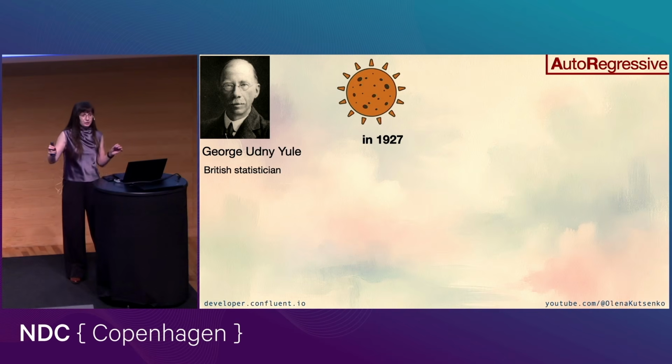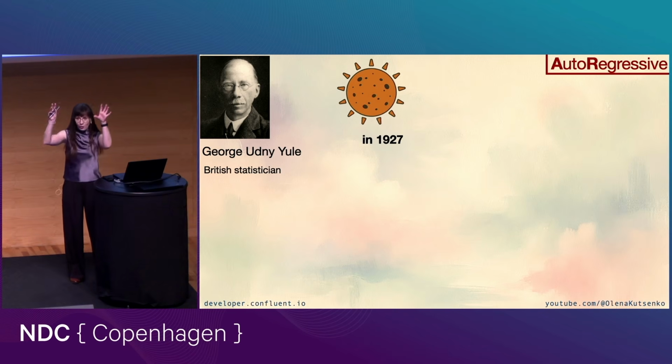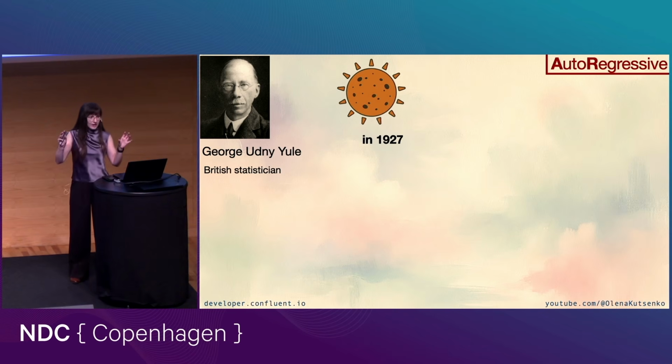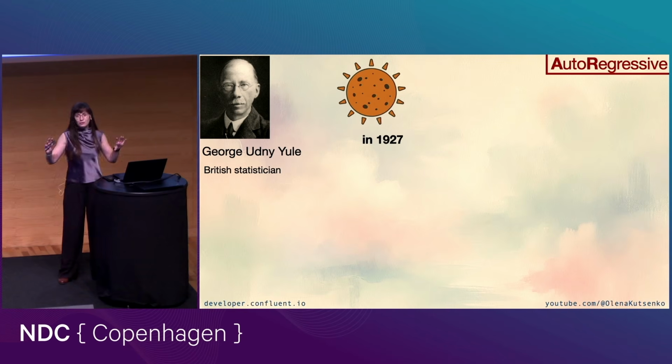The behavior puzzling a lot of scientists at that point in time was the spots on the sun. Those spots were coming into view and going away approximately every 11 years, but it was not perfect. It was like here and there.